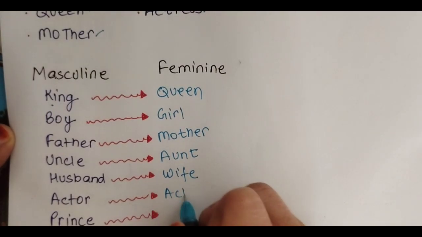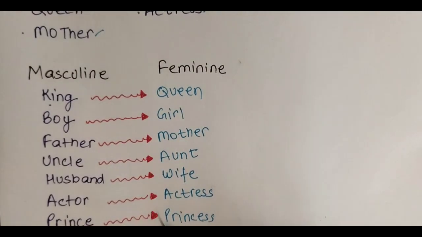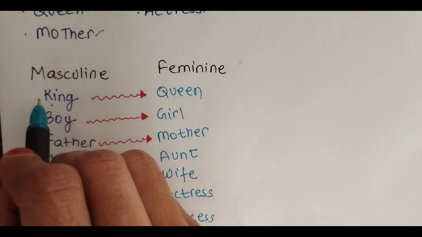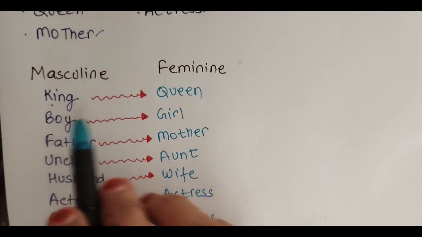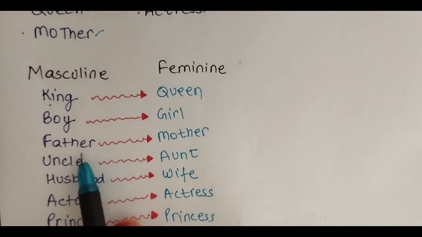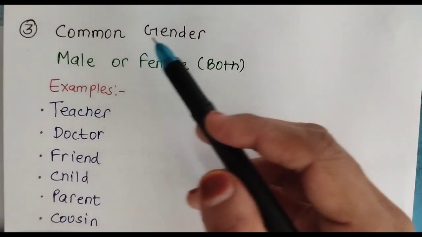Actor, actress. Prince, princess. Okay, masculine shows the male gender, and feminine shows the female gender, person or animal. So in this way we have to do: king, queen, boy, girl, father, mother, uncle, aunt, husband, wife, actor, actress, prince, princess.